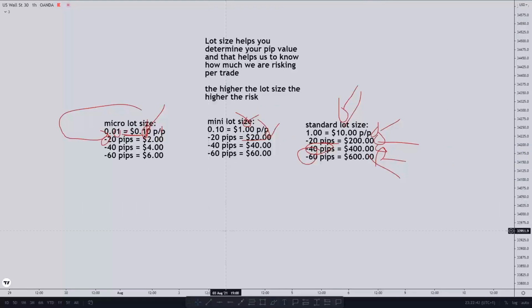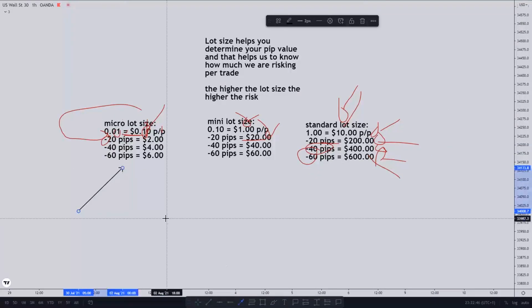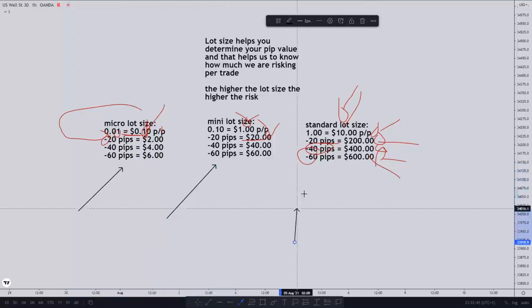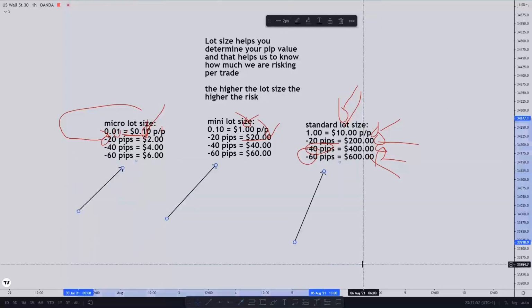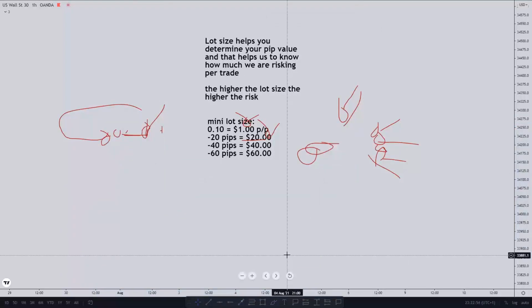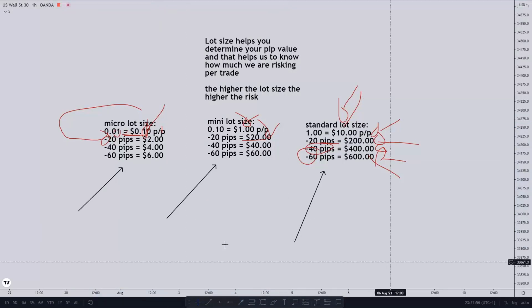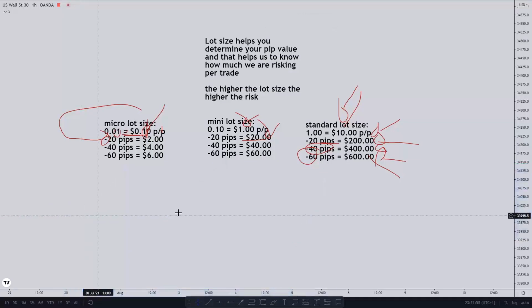Now that we understand how we can use a micro lot size, a mini lot size, and a standard lot size, this makes things easy for us when it comes to calculating our risk.